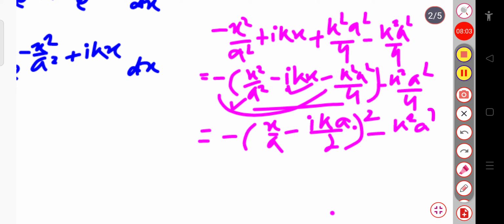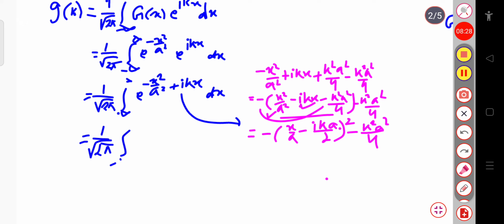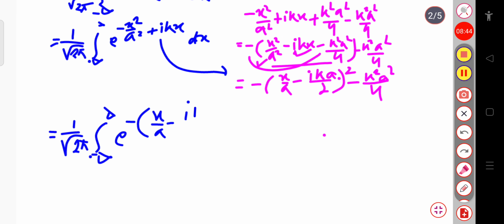Now this g of k can be written as 1 by root over 2 pi times integration over minus infinity to plus infinity exponential of minus x by a minus ika by 2 whole square minus k square a square divided by 4, into dx.